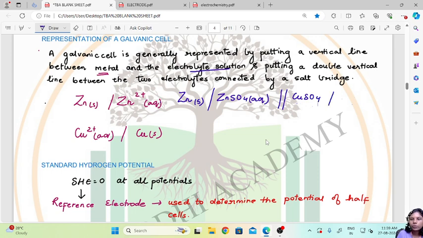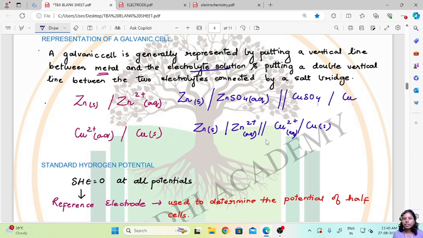We are going from ZnSO4 to Zn, or you can write this as Zn(s) to Zn2+, then Cu2+ to Cu(s), and these are in the aqueous form. So you have to write the metal, the solution, the solution and the metal. Sorry, here you have to write the two electrolytes that are present, because the salt bridge goes into the electrolyte solution and not the electrode. So you have to write metal, electrolyte, electrolyte and metal.